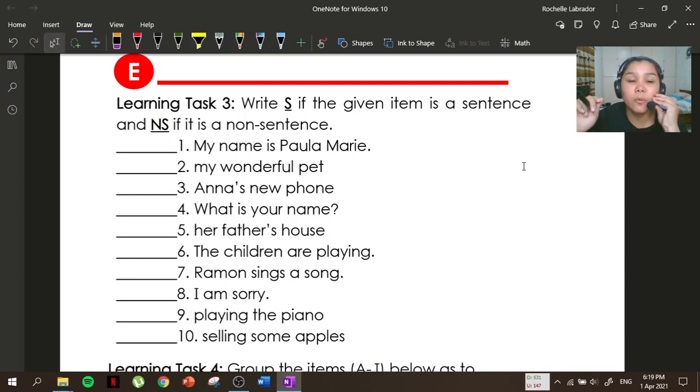Number 4, what is your name? Number 5, her father's house. Number 6, the children are playing.